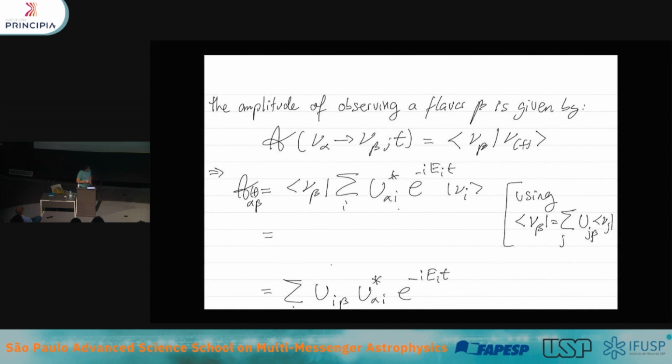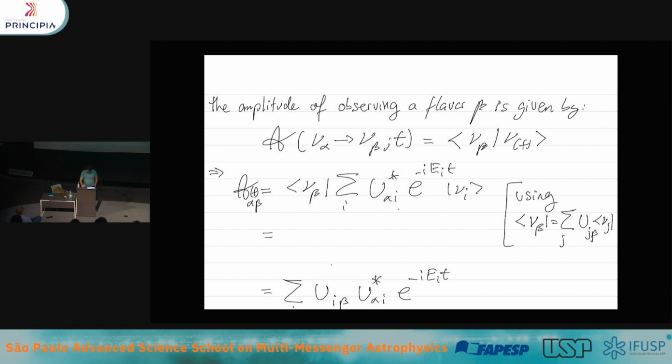So then if I want to compute the amplitude from going from flavor alpha to flavor beta after some time t, that is just given by this bracket here. And if I expand this directly, this means that this state is being applied to my time-evolved state, which is this. And these states you can decompose further into mass states.